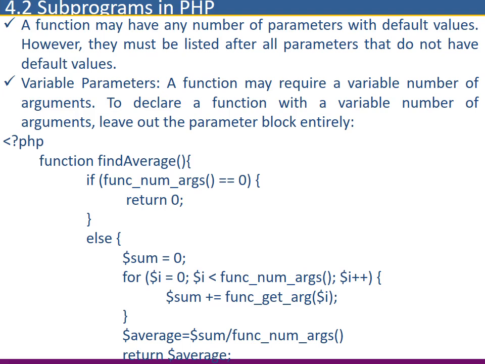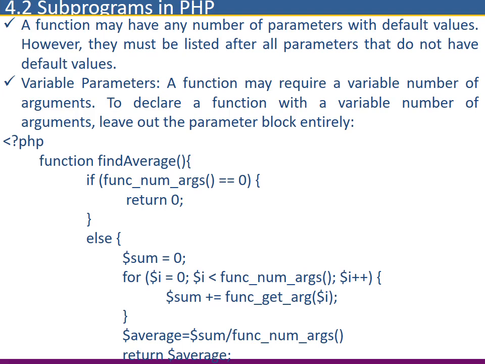So we close the parenthesis. Else, otherwise, we sum up: we start adding, we initialize $sum to be 0. For looping, we initialize $i to be equal to 0, $i less than func_num_args(), semicolon, $i increment.